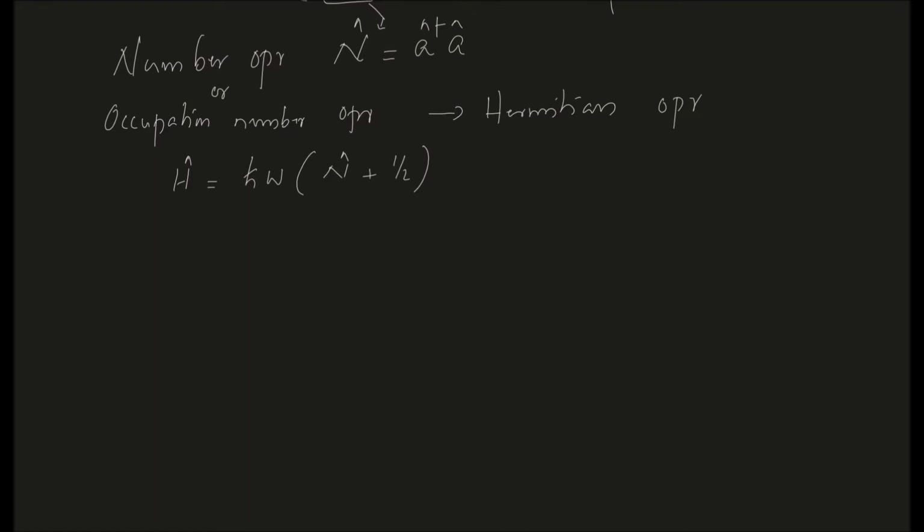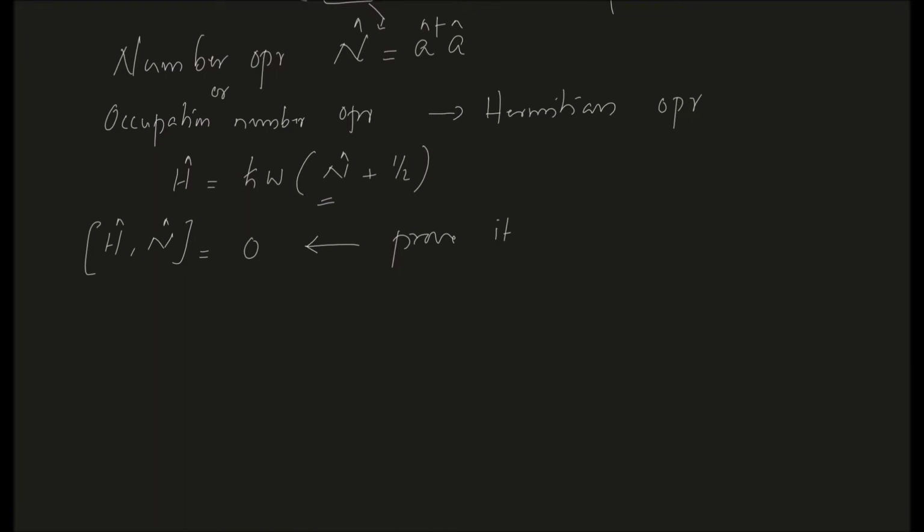Now you can see that the Hamiltonian linearly depends on this number operator N. That means if you take the commutation between this Hamiltonian and the number operator, so this will be basically the commutation between h cross omega (N plus half) and N. So you can prove that this will become 0. It's very simple, in one or two steps you can show that this number operator commutes with this Hamiltonian.